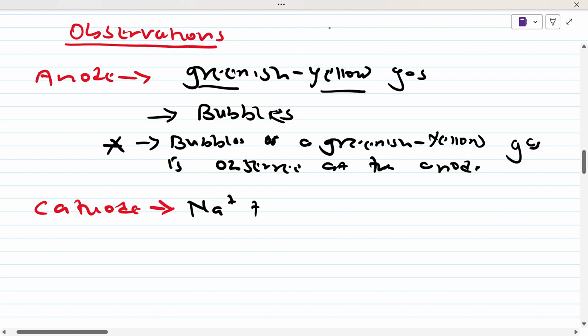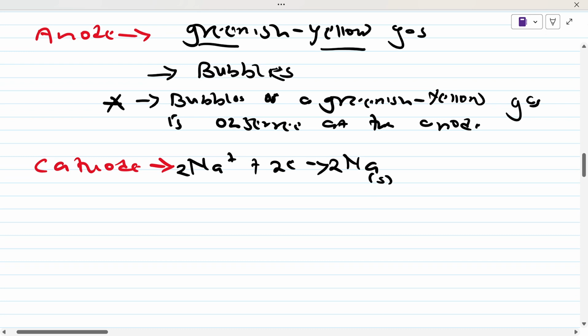They gained 2 electrons. They formed sodium solid. And remember, I'm dealing with carbon electrode or platinum electrode.